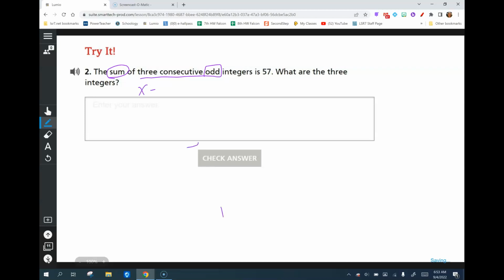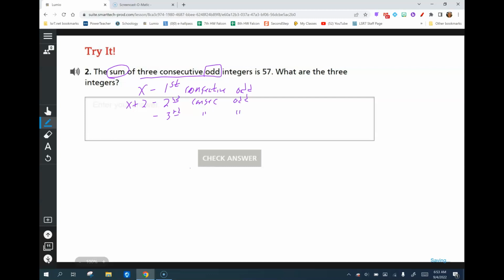So if x is our first one, and we need our second consecutive, what did I do to get from the first one? So think back to that 21. I had to add 2. And then we have our third.